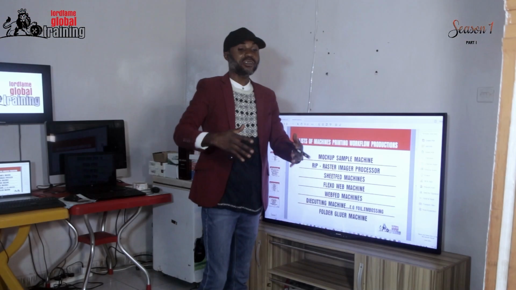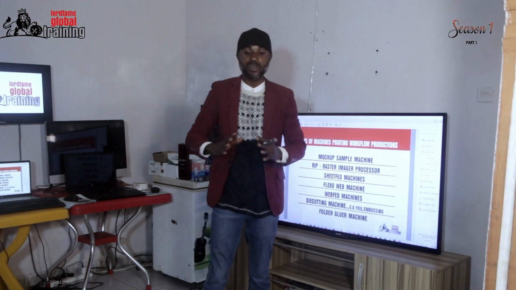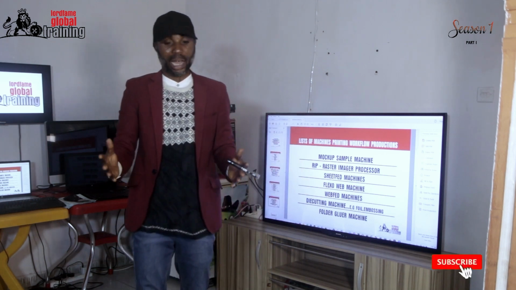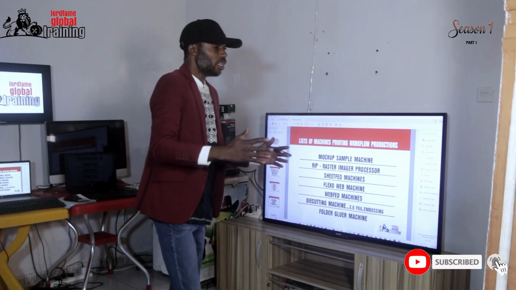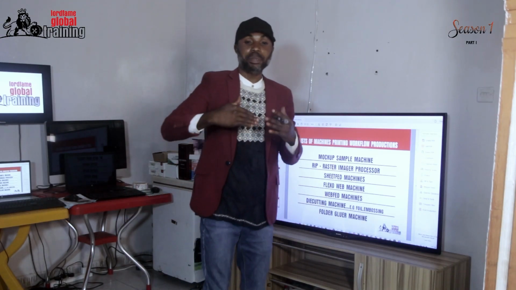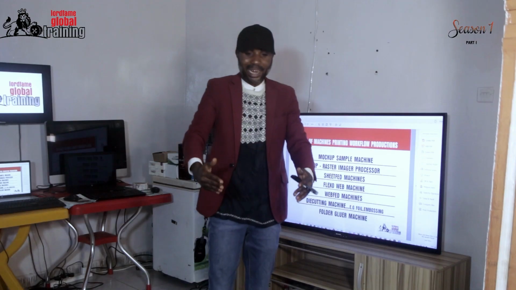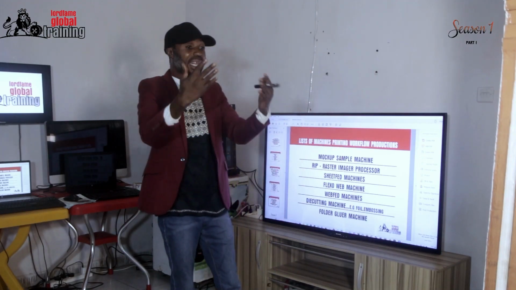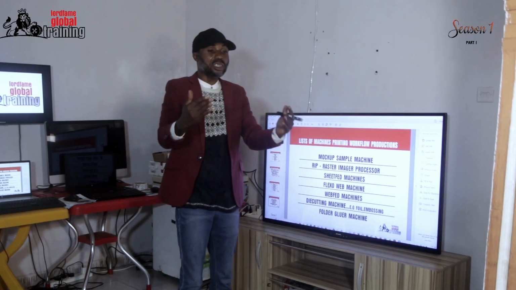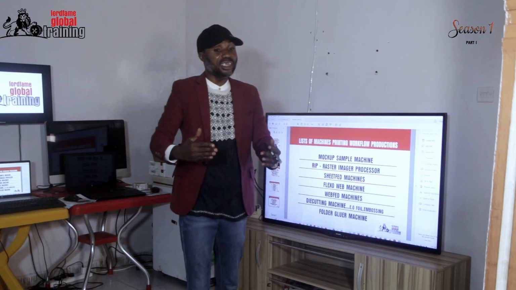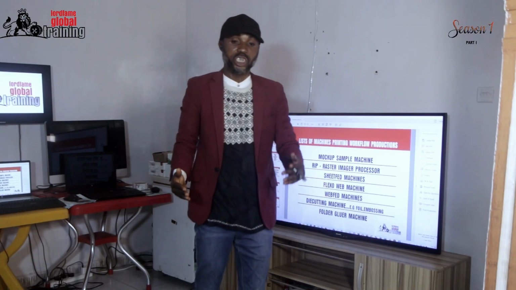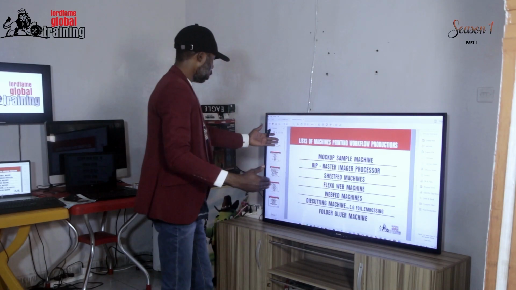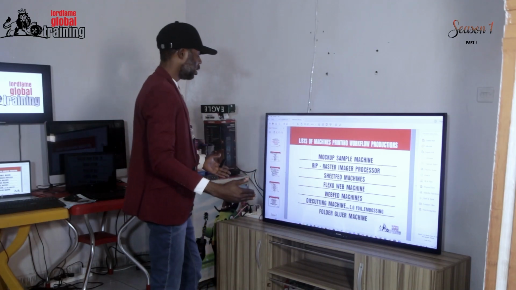We have a series of machines, a lot of machines, but the regular ones are the ones you are going to experience locally and abroad. We have some series of machines that you cannot even see locally until you get abroad. But all these ones that are listed for you, you will still see them locally.